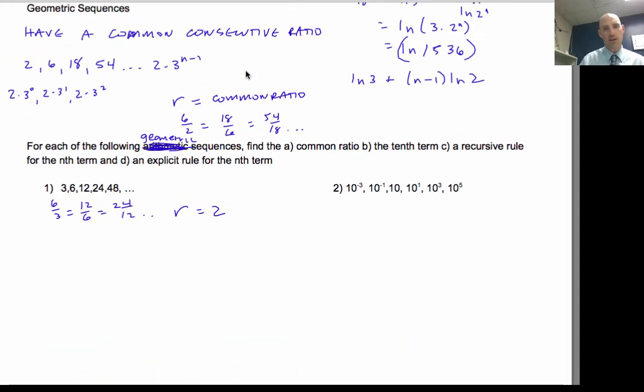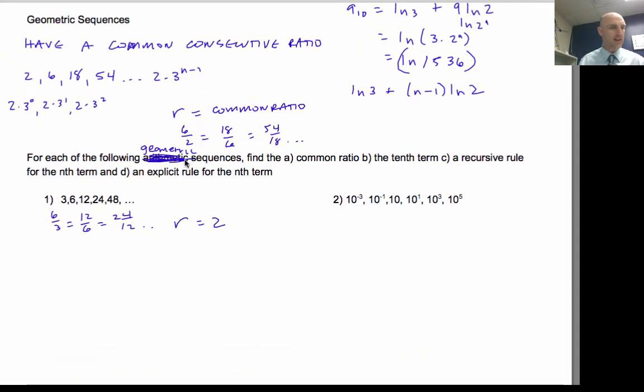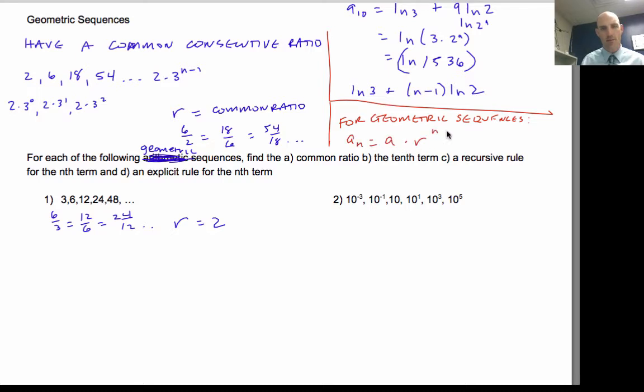So this is what it looks like. If I pop back up here to find a general rule, for geometric sequences, a sub n is equal to a times r to the n minus 1. That's exactly what we found over here, right?